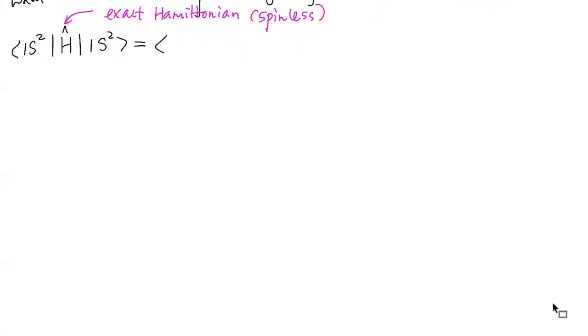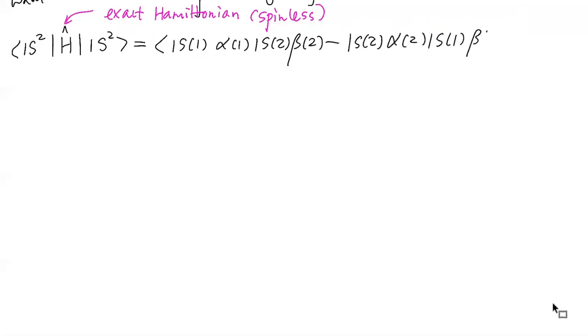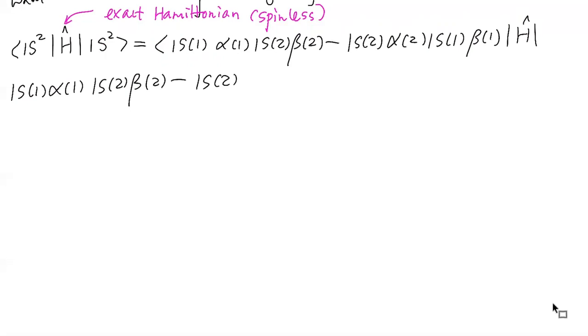This is 1s1 alpha 1, 1s2 beta 2, minus 1s2 alpha 2, 1s1 beta 1, H, 1s1 alpha 1, 1s2 beta 2, minus 1s2 alpha 2, 1s1 beta 1, right?